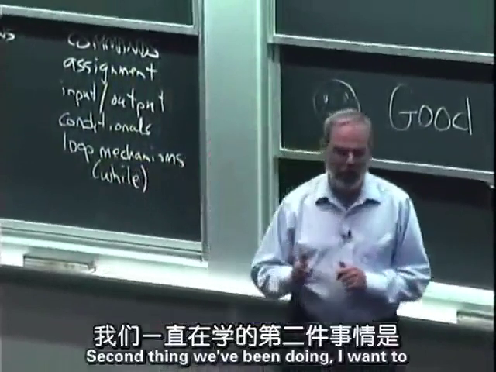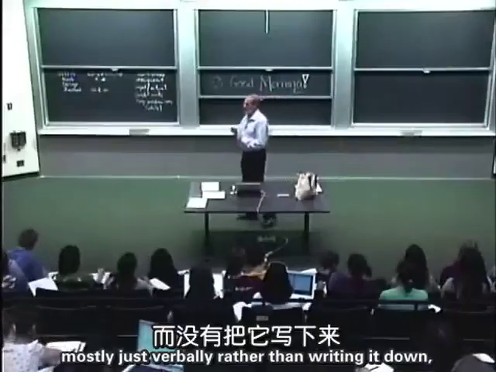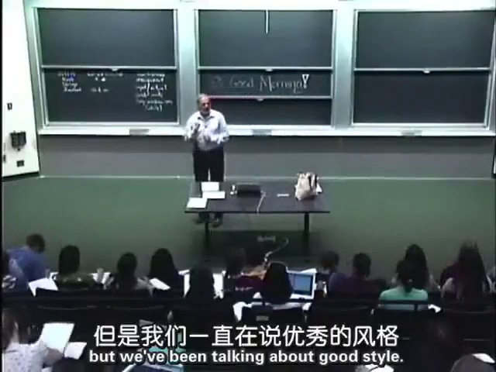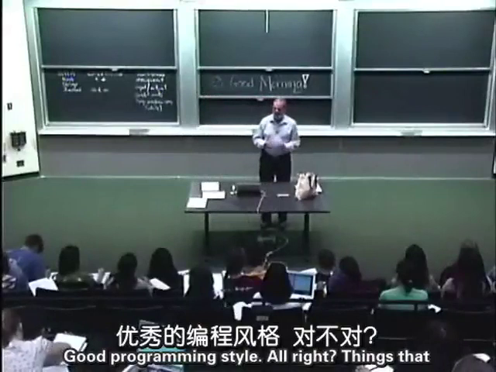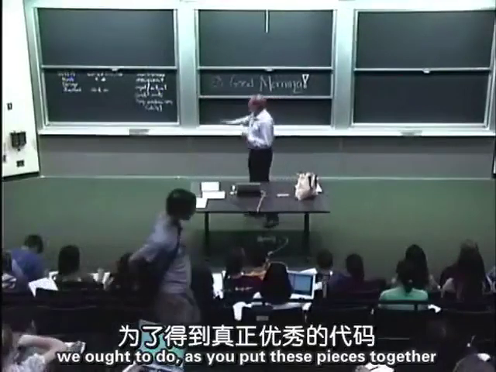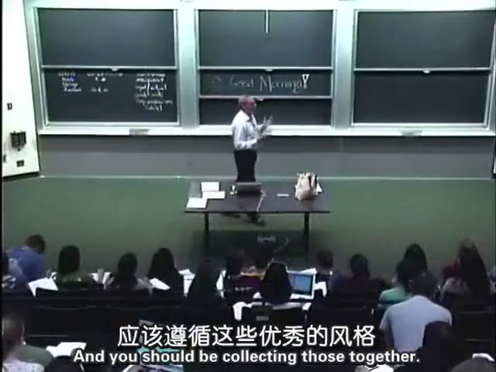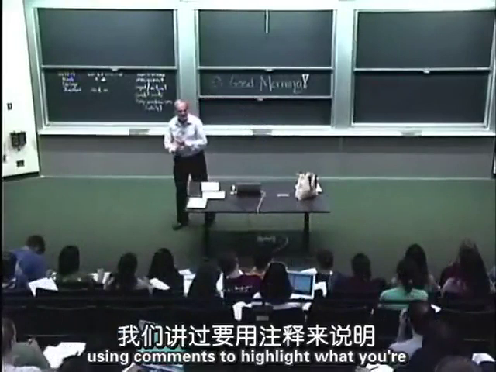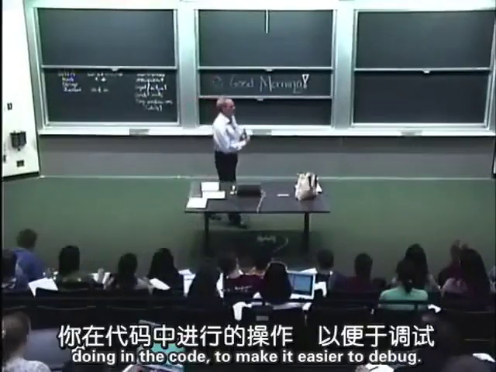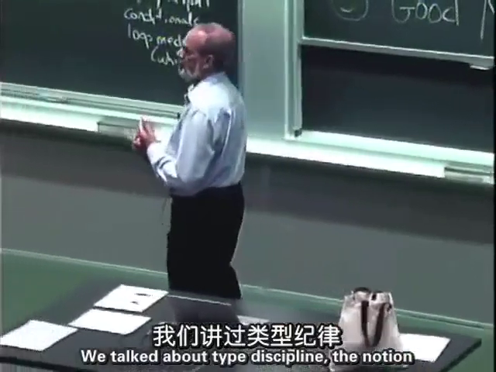Second thing we've been doing, I want to highlight for you, is we've along the way, mostly just verbally rather than writing it down, been talking about good programming style, right? Things that you ought to do as you put these pieces together in order to give you really good code. And you should be collecting those together. Give you some examples. What have we talked about? We've talked about things like using comments to highlight what you're doing in the code to make it easier to debug. We talked about type discipline.